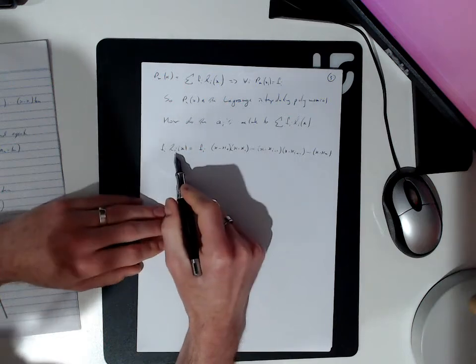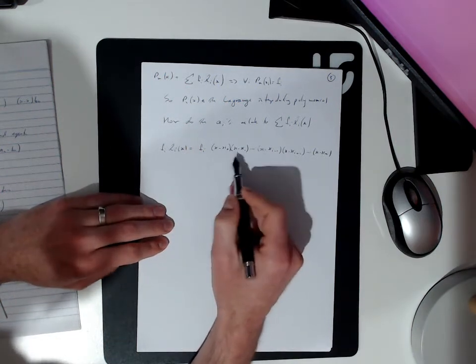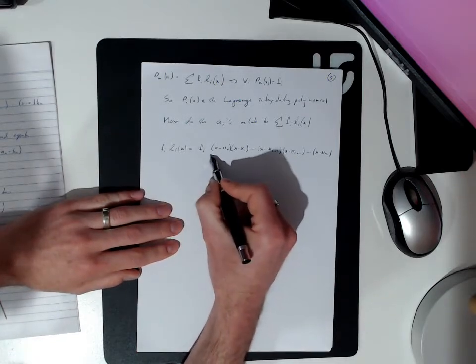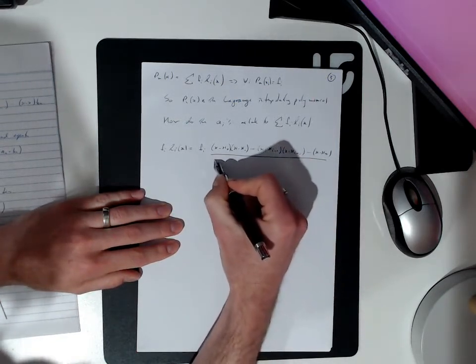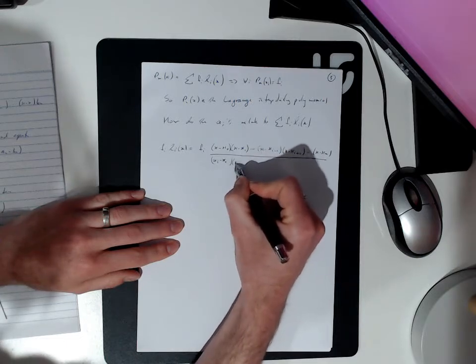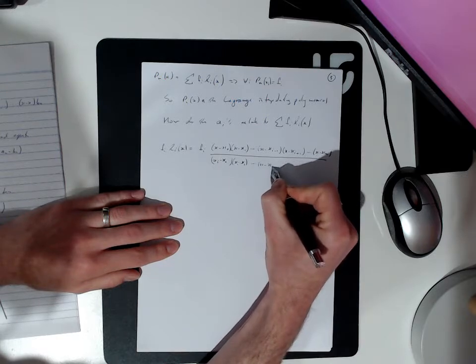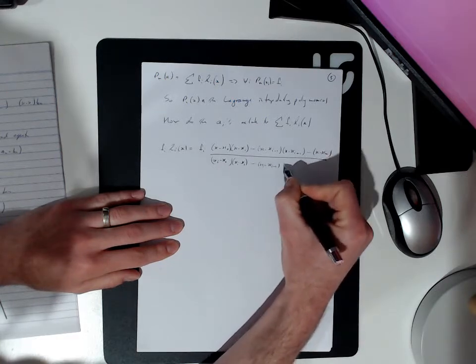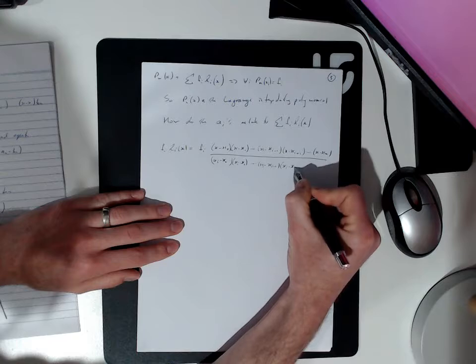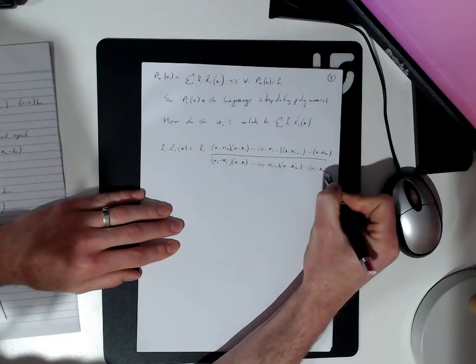So in general, L_i will itself be a polynomial of degree n, which has roots at all the other points where we sampled the function. This is going to be divided by x_i minus x_0, x_i minus x_1, up to x_i minus x_(i-1), x_i minus x_(i+1), up to x_i minus x_n.